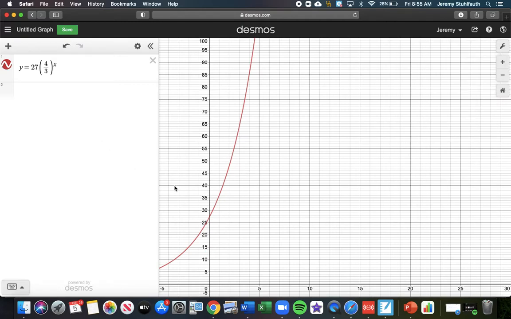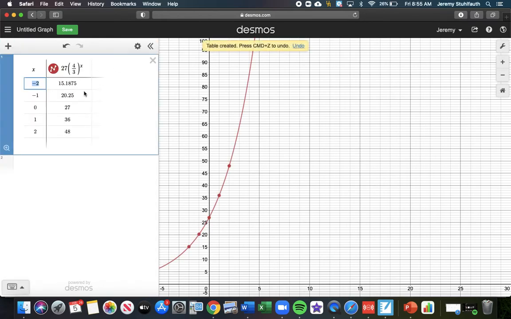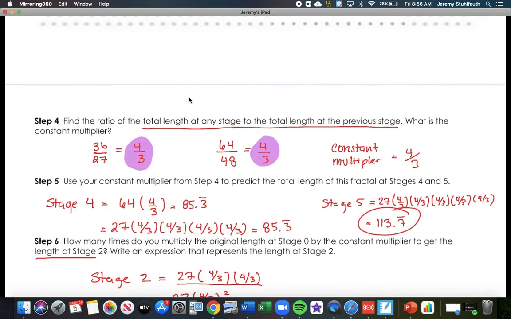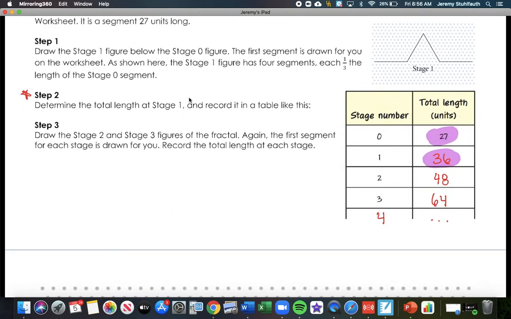So if you look at this, we want to know, is this actually the correct equation, as we think it is? We can turn this into a table by hitting the settings button and convert to table. And what you'll see is stage 0 is 27, and if you go back to our table, we had stage 0 was 27.